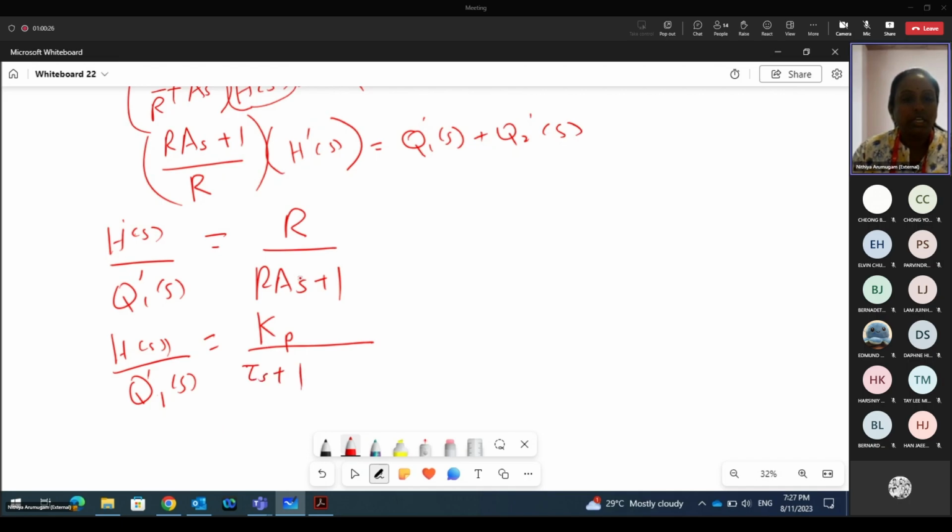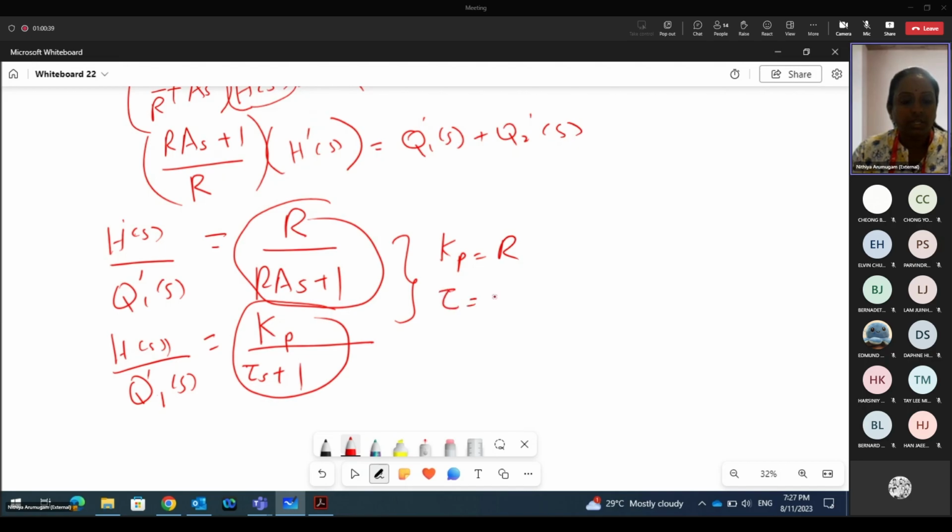So here, if you compare with this form and this, we can conclude Kp equals R, and the tau here equals RA. All right, so this is for the process transfer function. All right, so we are done with this.